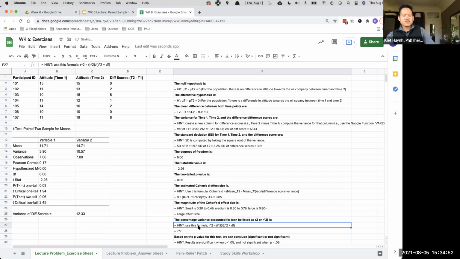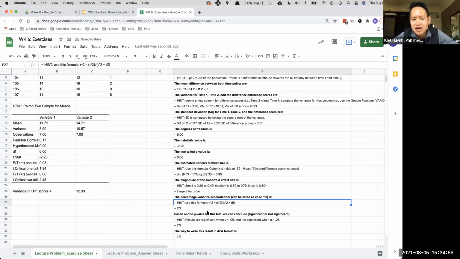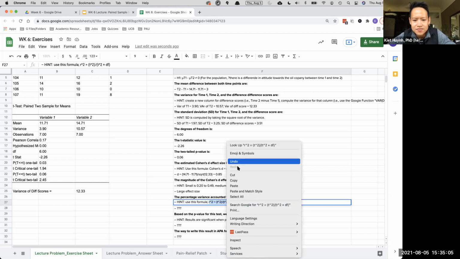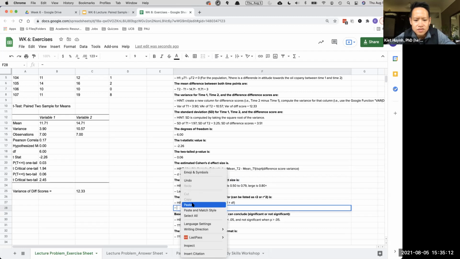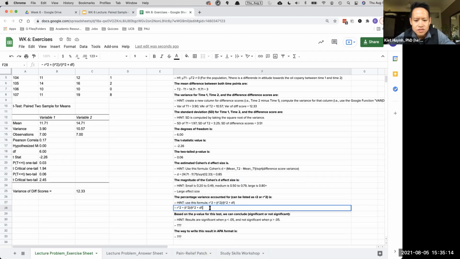Percentage of variance accounted for. This is another effect size measure, and here's a formula included for us. R squared. Let me just copy this and paste it here and replace some of these values. Put in the T value, which is T stat, negative 2.26.